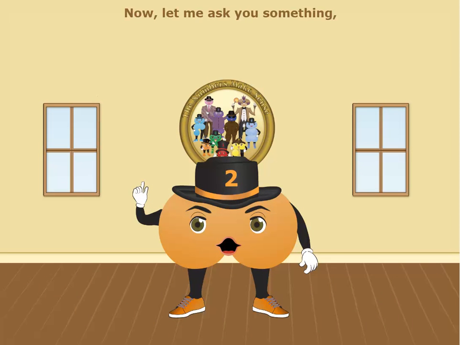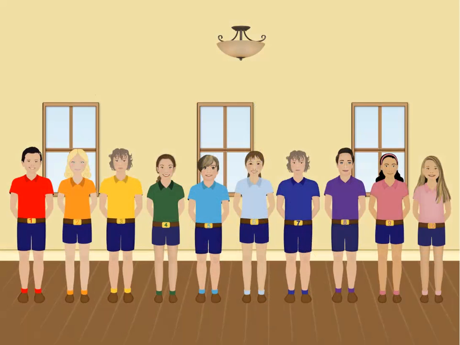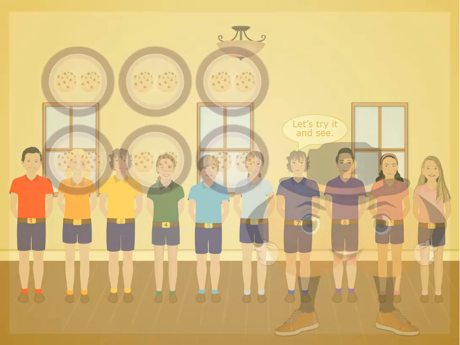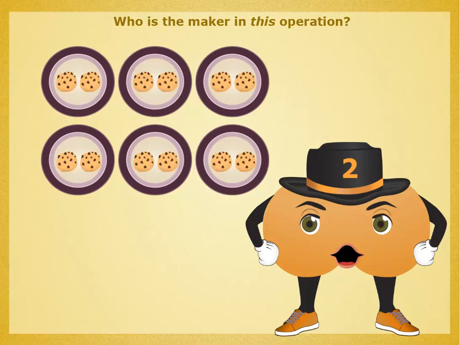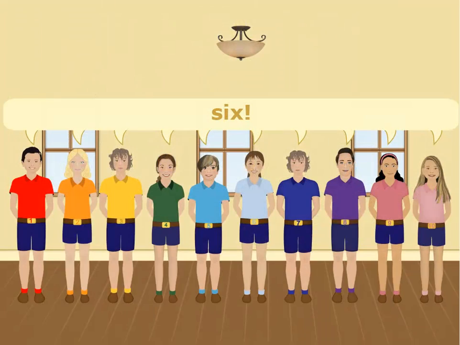Perfect. Now, let me ask you something. Will this rule still hold true if I'm not the maker, but the doer? I'm not sure. Maybe. I think so. Let's try it and see. Okay then. Let's say we have 6 plates of cookies with 2 cookies on each plate. Who is the maker in this operation? 6!